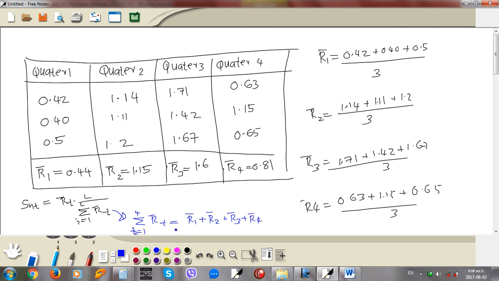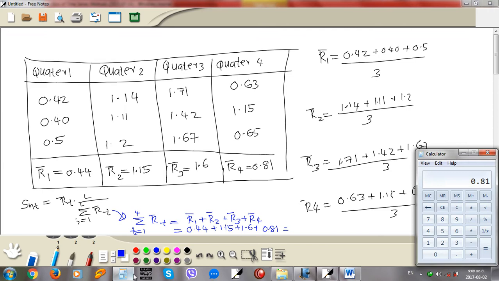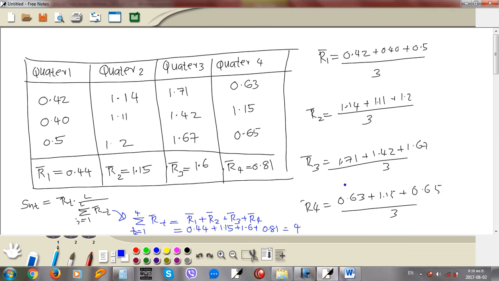R bar 1 is 0.44, plus 1.15, plus 1.6, plus 0.81. The value equals 4. So now we have found the value of this sum, and we know the value of L.